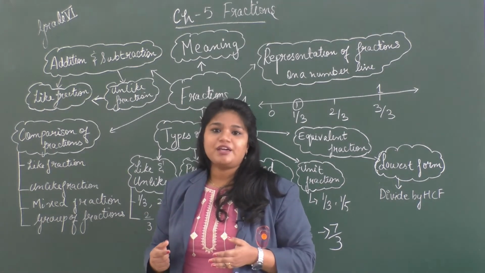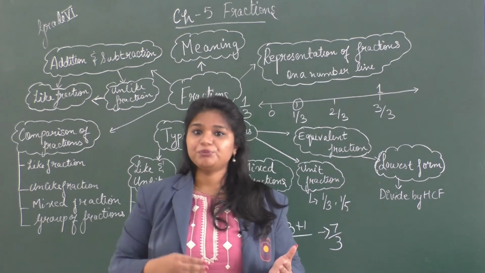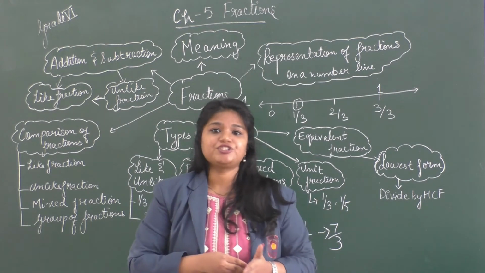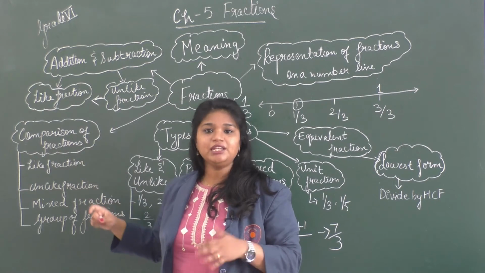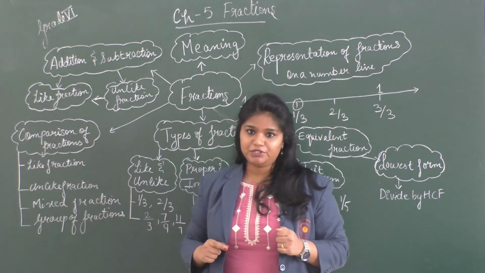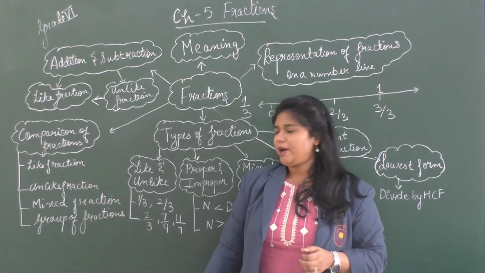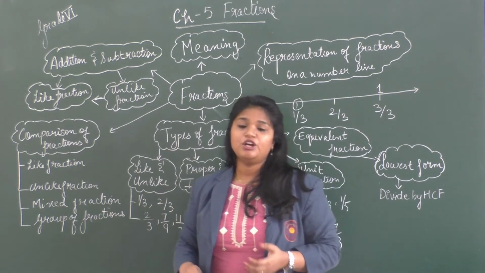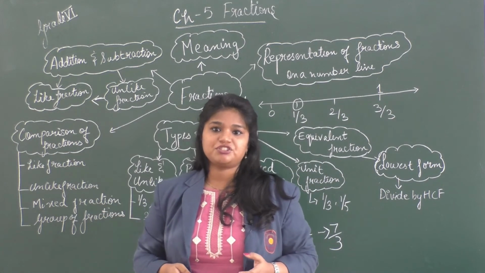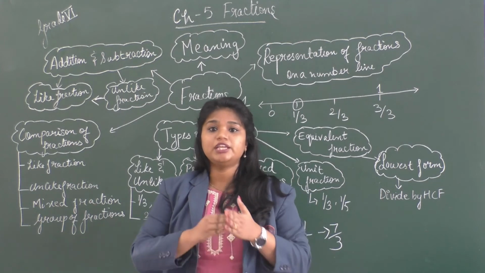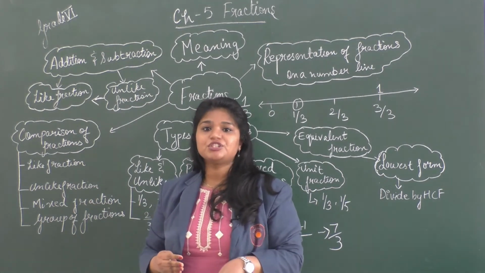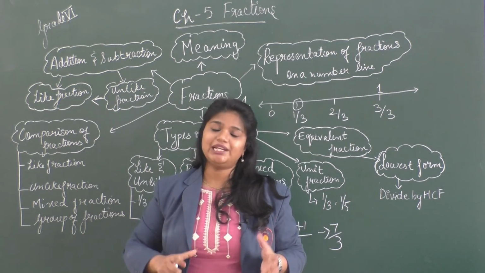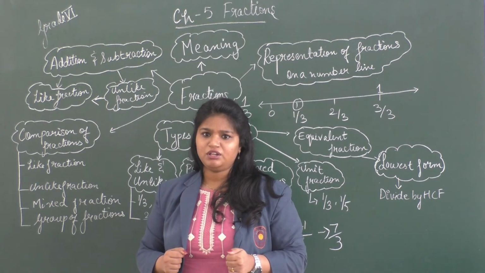Let's talk about comparison of unlike fractions with different numerators. In such a situation, we will first convert the unlike fractions into like fractions and then perform the comparison operation. Next we have comparison of mixed fractions. For comparison of mixed fractions, we first compare the whole number part. If the whole numbers are different, the fraction with greater whole number becomes greater than the other fraction.